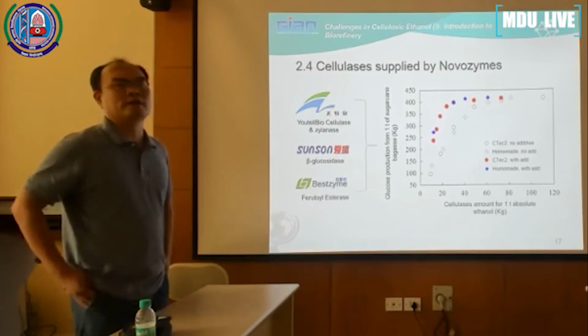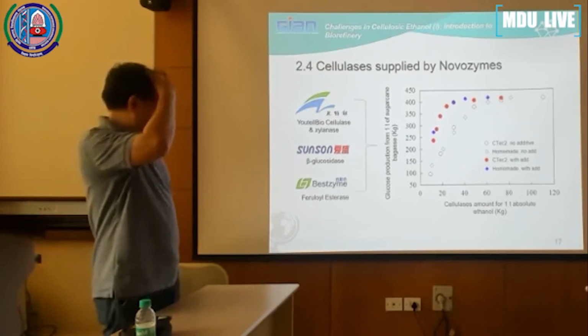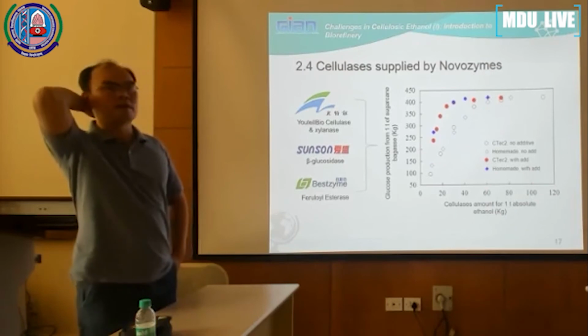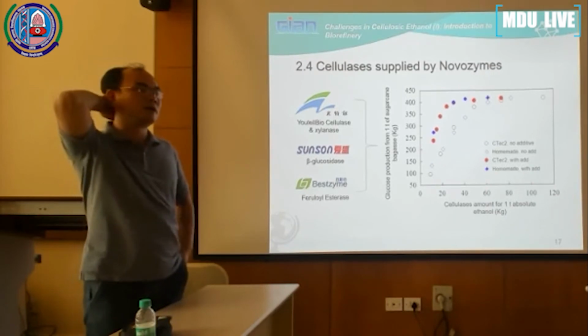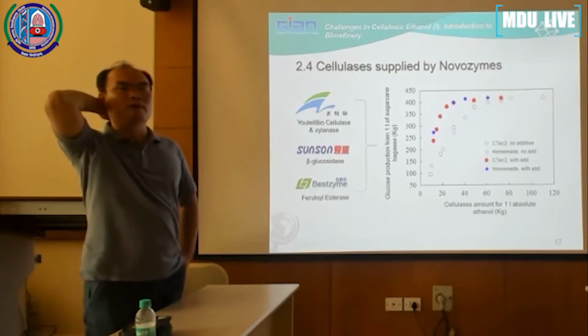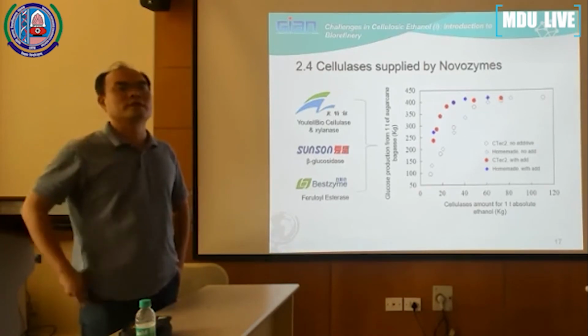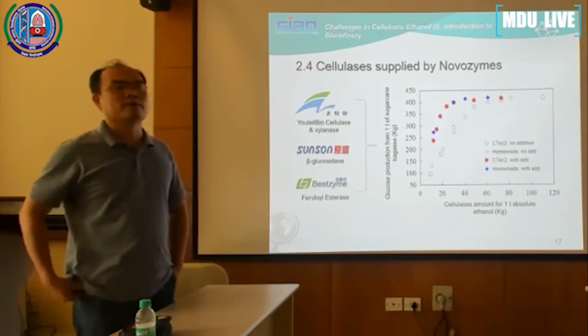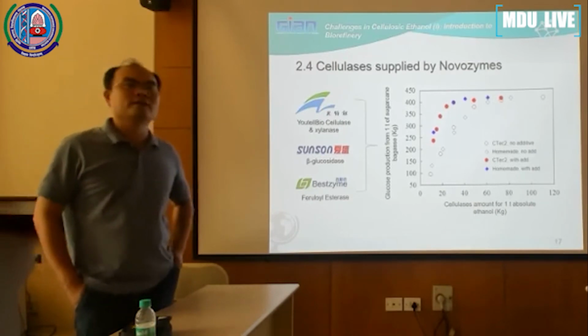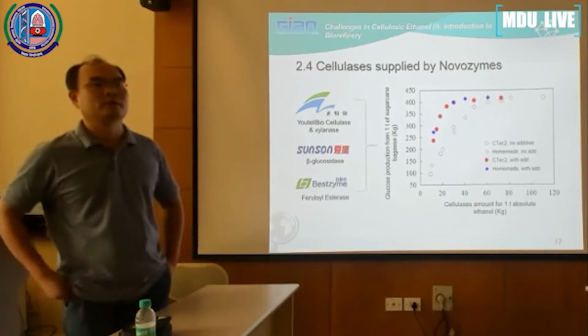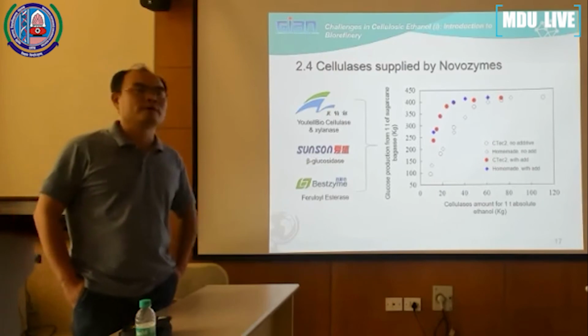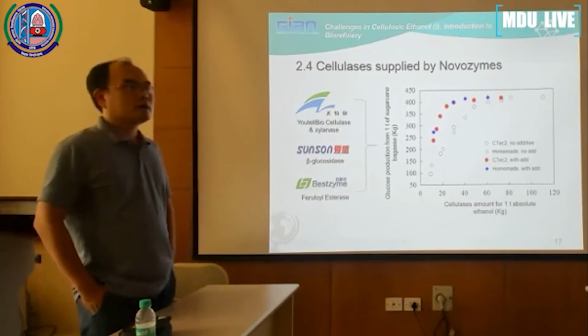They produce cellulase from fungi, but the fungi are anaerobic. It does not need oxygen during the fermentation. It's very special. It's isolated from the stomach of the sheep.